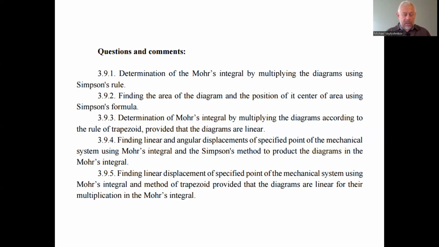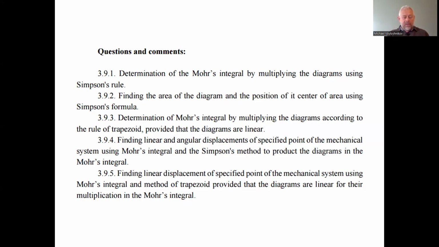To produce the diagram's Mohr integral, we can use the Simpson method instead of the direct product of mathematical functions of the diagrams of the bending moment under the action of the external load and the action of the unit force, and instead of using the Vereshchagin rule, the product of the area of one of the diagrams for each of the considered elements of the mechanical system by the magnitude of another diagram. The first diagram is the bending moment under the action of the external load, and the second is under the action of the unit effort in the direction of the displacement we have to determine.